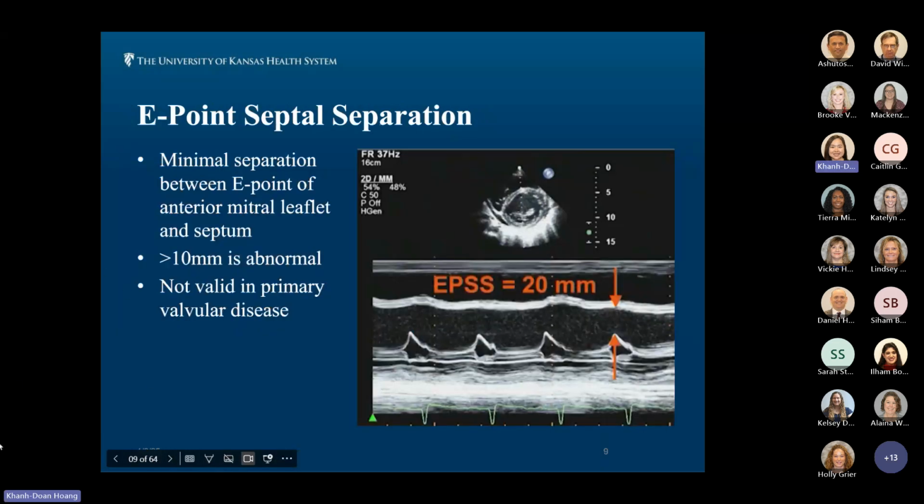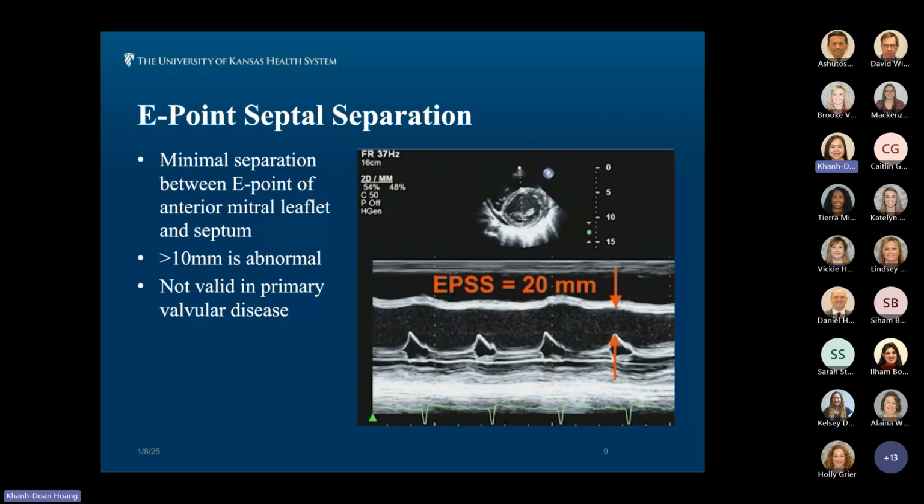And then just briefly touching on E-point septal separation, another way to roughly estimate LV systolic function. An M-mode is done at the level of the anterior mitral leaflet tip and the interventricular septum. The first larger peak, which is your E-point, corresponds to the maximal mitral valve opening in early diastole.